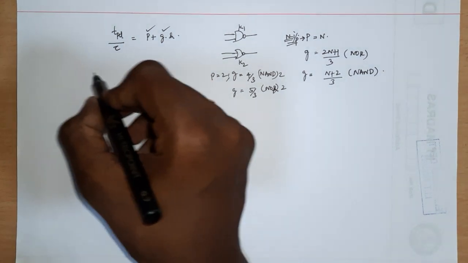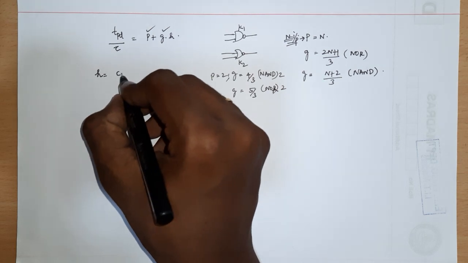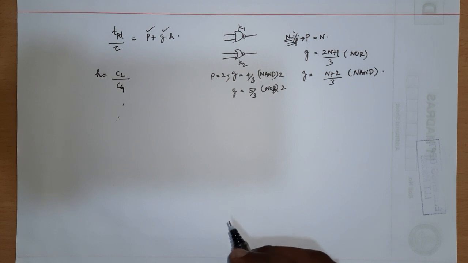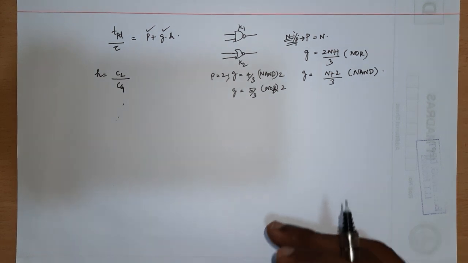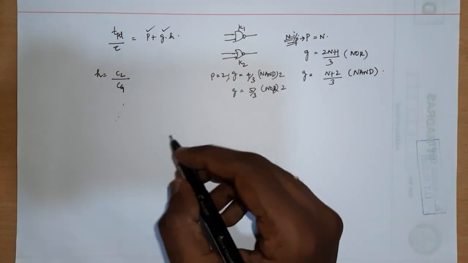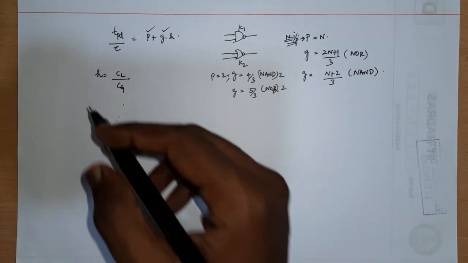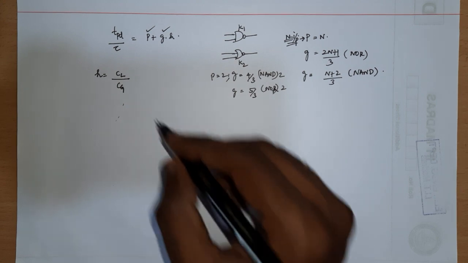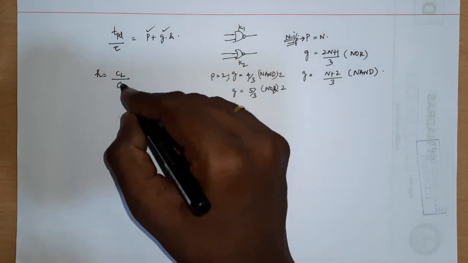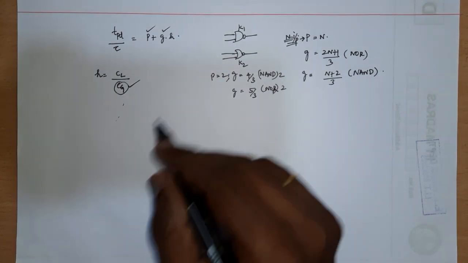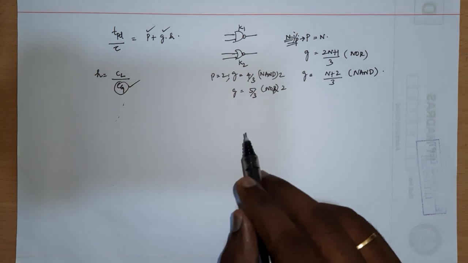And what about electrical effort? Definitely electrical effort is given by load capacitance divided by its own gate capacitance, the input capacitance corresponding to its own gate strength, right? And that is what electrical effort is. Now if I vary the size of the gate, CG will vary, okay.